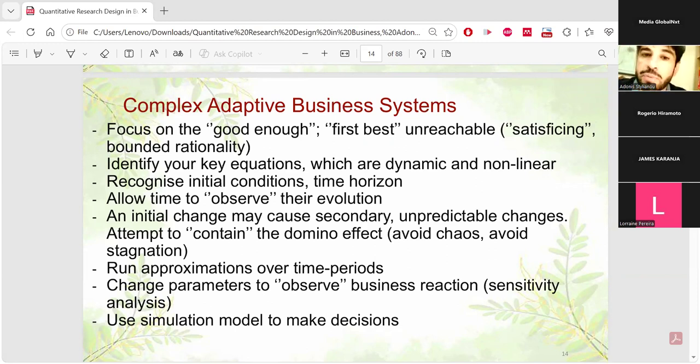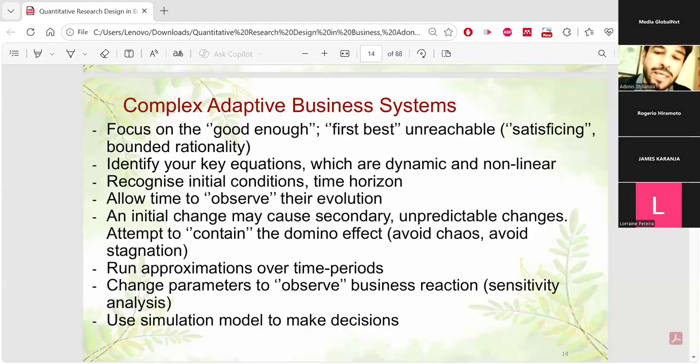You might have heard before of chaos theory, the butterfly effect. Those are important principles of complexity theory, because basically what we try to do is to recognize that even when we apply a very specific method in statistics, we know that our business is going to go through change. Especially nowadays, this is happening all the time.